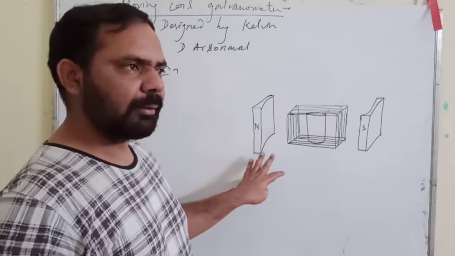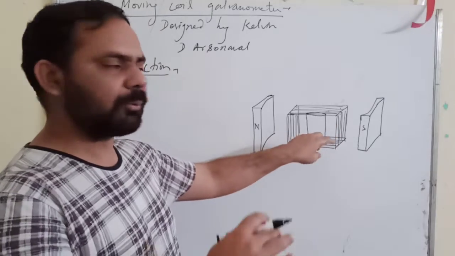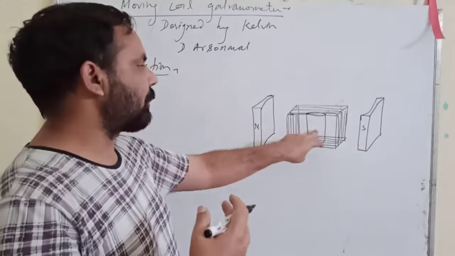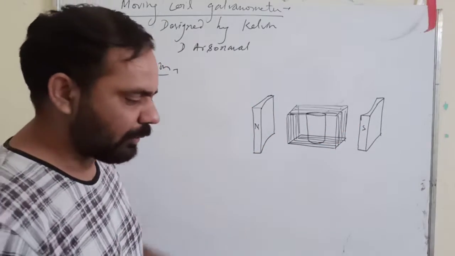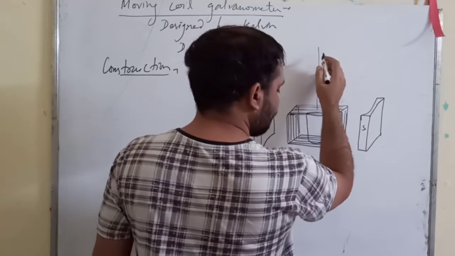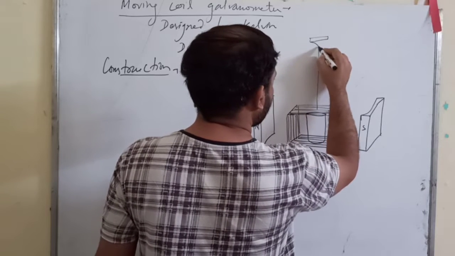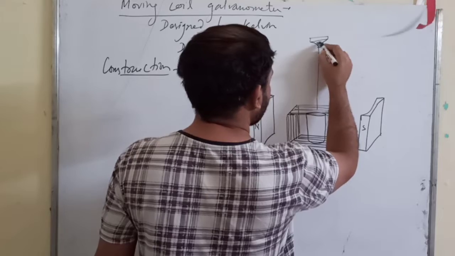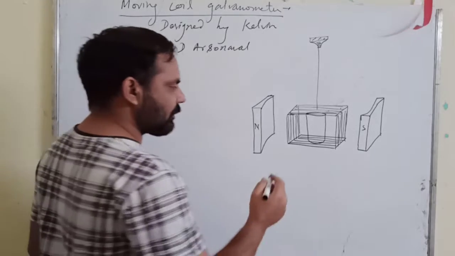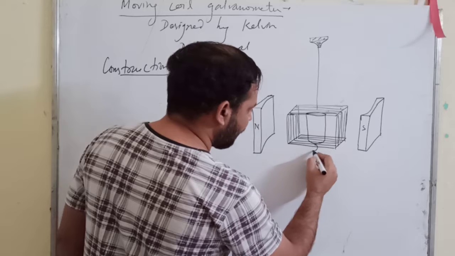So this coil, the several turns of wire wound on a non-metallic frame having a soft iron core cylinder inside it, is placed inside a magnetic field here. Now this is suspended with the help of a wire through a torsion head. Torsion head means it's a kind of support. With the help of this support, it is suspended in the air, and just to balance it so that it does not vibrate, it is connected here with the help of a hairline spring.